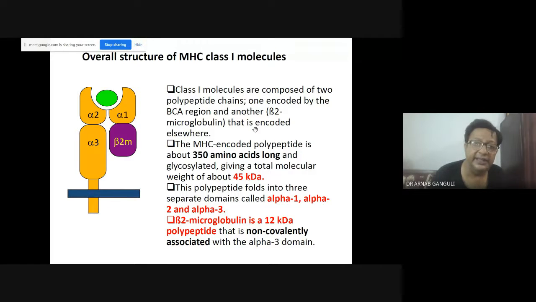The other, beta 2 microglobulin, is encoded elsewhere. The BCA region is the MHC-encoded polymer, 45 kilodaltons long, while beta 2 is roughly 12 kilodaltons. Clear?